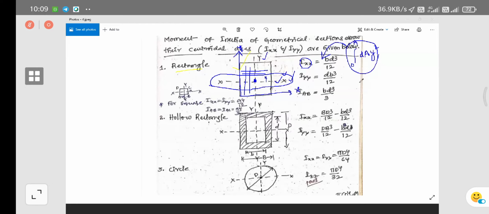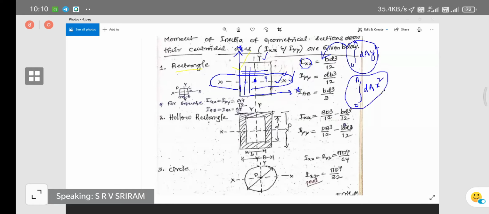So you apply the definition of moment of inertia and integrate between 0 to a, for the differential element with differential area, multiplied by the square of the distance from the y axis, that is x distance. This gives the moment of inertia about Iyy, the central axis, and this is the central axis for the moment of inertia about xx.